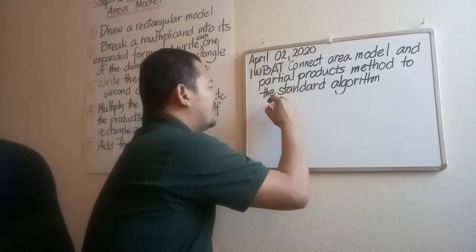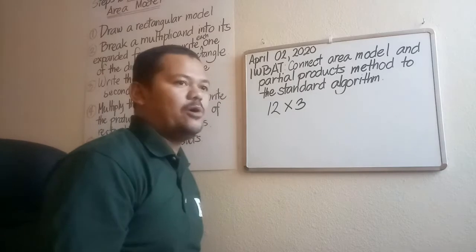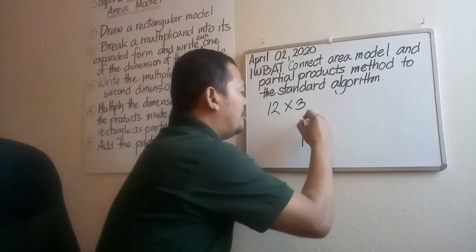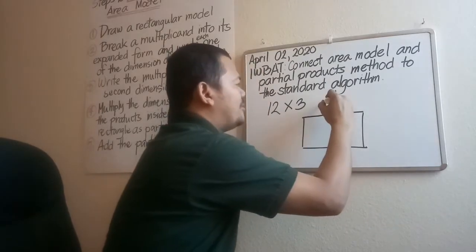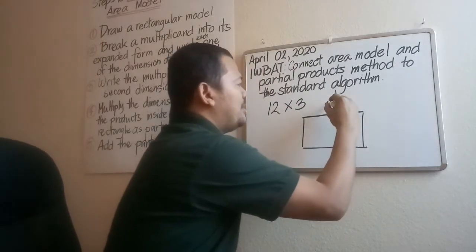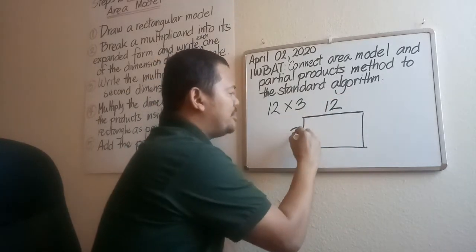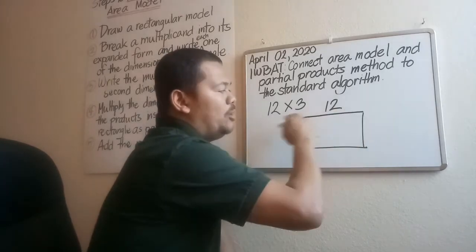Say, for example, we got here 12 times 3. So if we're going to express this or put this into area model, you just draw a rectangular model like this one and write the first multiplicand above, then the multiplier on the other dimension or the other side. The first side is your multiplicand.